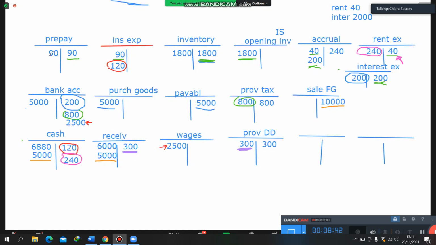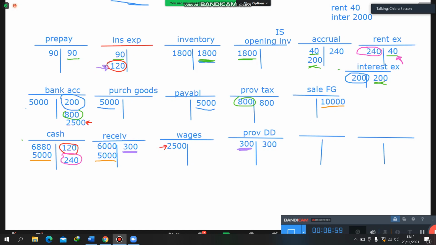Okay. As for the insurance expense, you wrote here in the insurance account an annual expense.